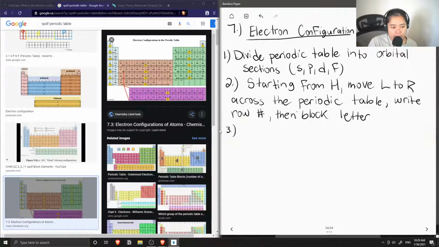And also we show how many electrons we have in each orbital using superscripts.